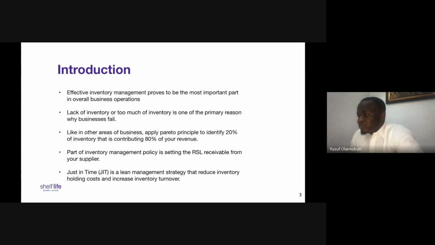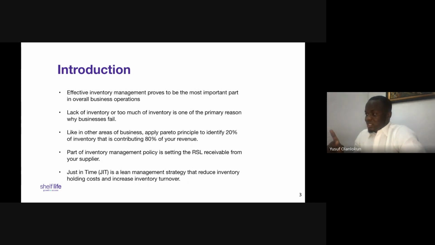What I mean is if you have 100 products in your pharmacy, you should be able to identify the 20 of those 100 that are responsible for 80% of your revenue. If your revenue is 100 naira, that gives you 80 naira of that 100 naira. So these 20 SKUs or 20% of your inventory are the ones that you are going to pay attention to.